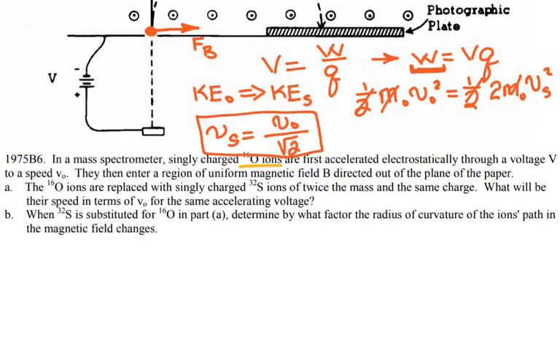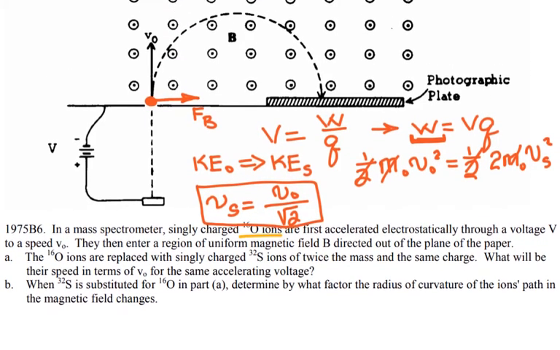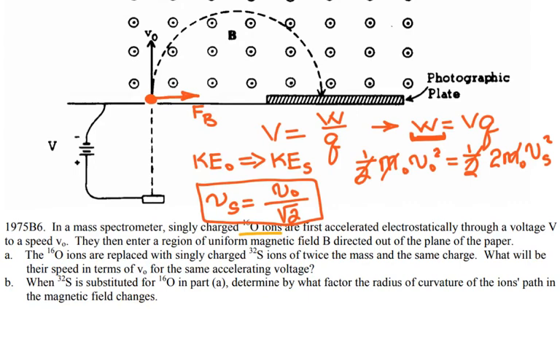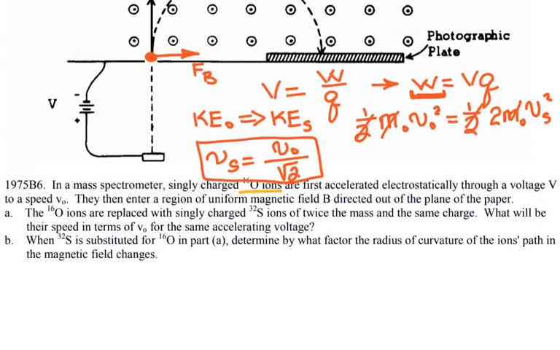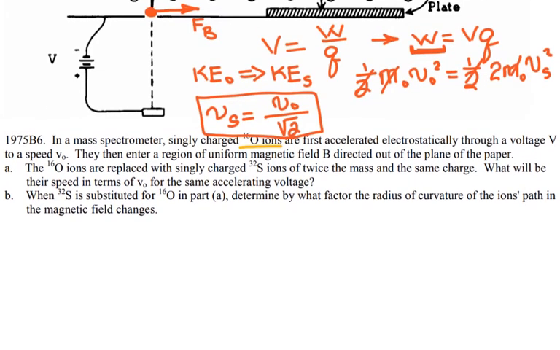You know that there is a circular motion, so I can set up that the centripetal force is equal to the magnetic field force, for both oxygen and sulfur. I'm going to use this equation for both to find the radius of sulfur and the radius of oxygen.